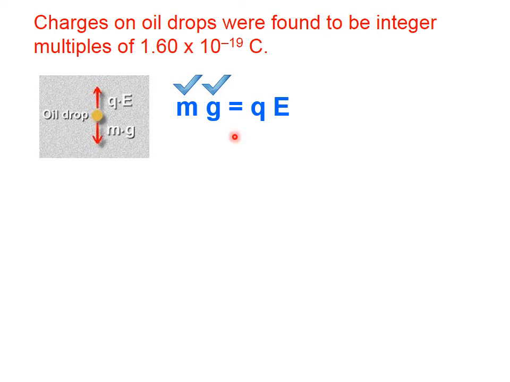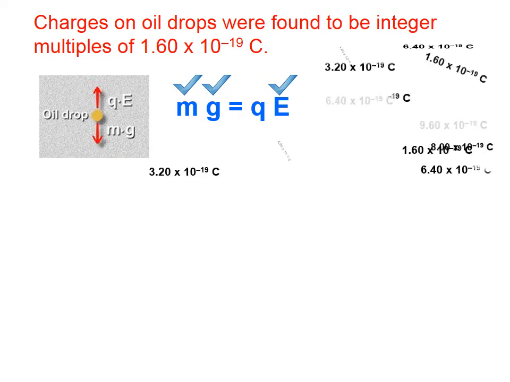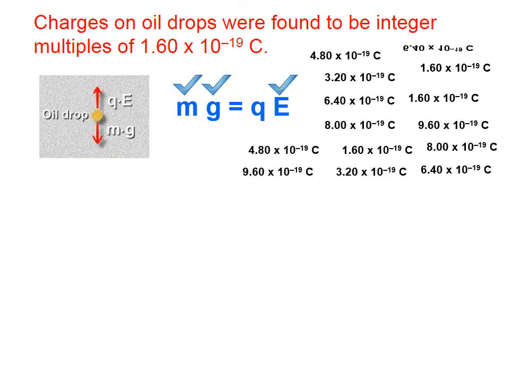So in other words, the entire left side of this equation we know. We also know the magnitude of the electric field because we have set that when we have charged these plates. We have a little dial and we've set what the magnitude of the electric field is, which means we can calculate Q. And Milikin did this for many, many oil droplets.